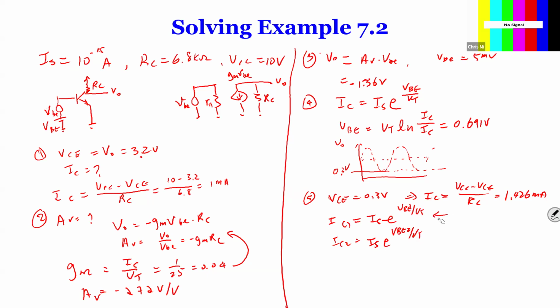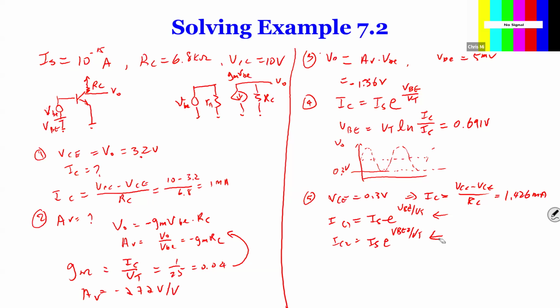You can take the ratio between these two, which means at one point you have VBE1, you have IC1, you have VBE2, you have IC2, right? If you take the ratio, this IS will cancel, and then you have IC1 over IC2, and then here is e to the power divided by e to the power. And then from there, you can find the relation between VBE1 and VBE2.